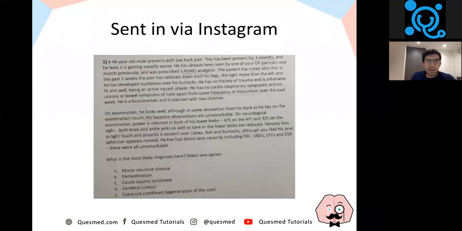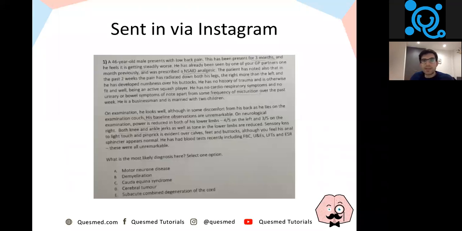For example, you've got someone with back pain that radiates down both legs, but weirdly on the right more than the left, and he's got numbness over the buttocks. He has some frequency of micturition, reduced power in both legs, and both ankle jerks are reduced, and then sensory seems fine actually.